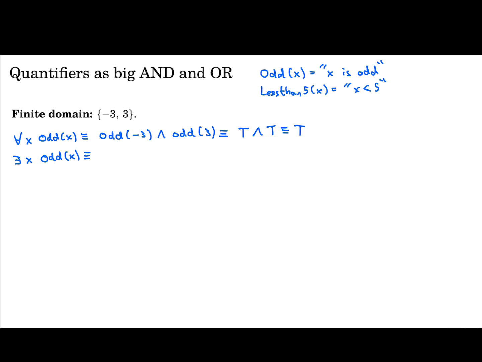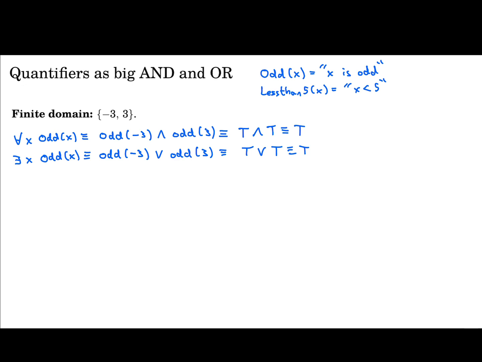So we go again over the whole domain and we check odd of -3 or odd of 3. And so again, this will just be true or true, which is true. And so there exists an x such that odd of x is true because in this case, at least one of them is true, and that will follow from the or.